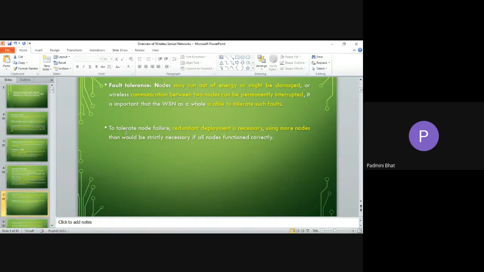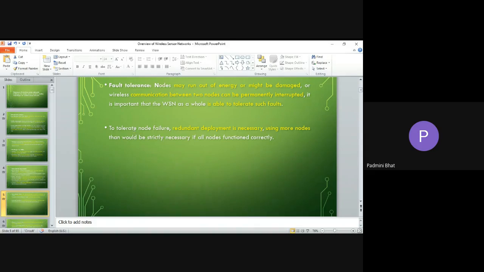To tolerate node failure, redundant deployment is necessary. Here is how this problem can be overcome. The idea used is to deploy more nodes than would strictly be required if all nodes function correctly. To do a particular task, if 3 nodes are required, then you will deploy around 4 nodes.